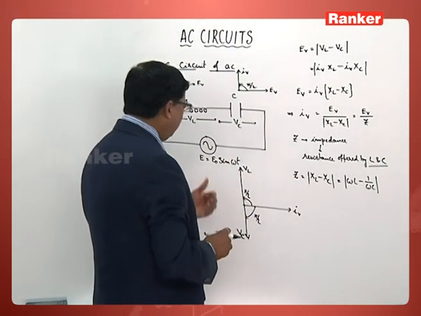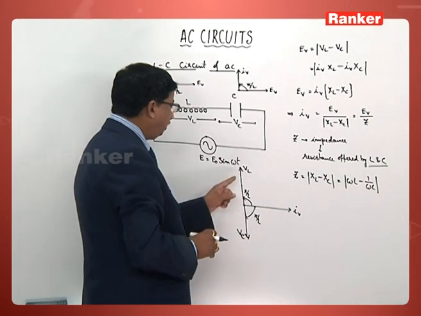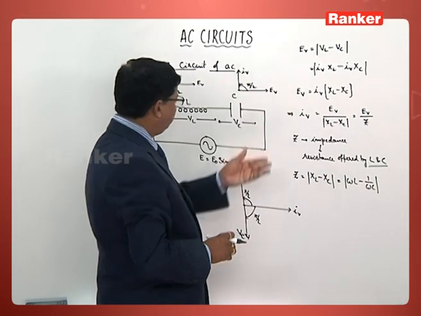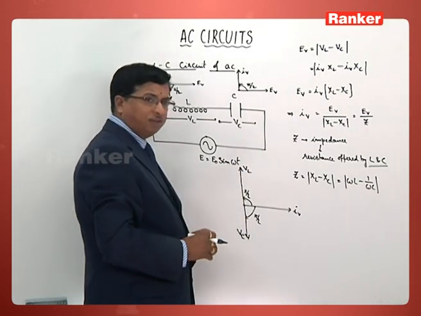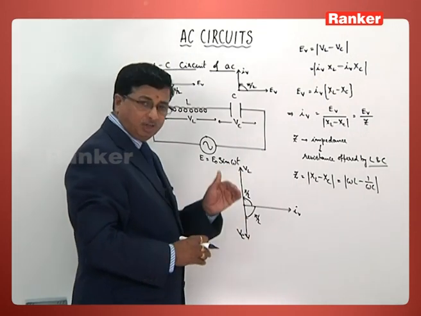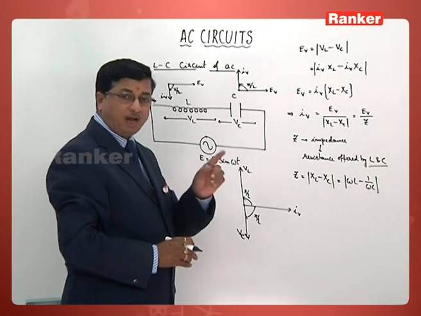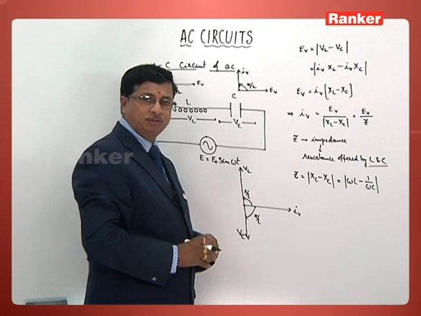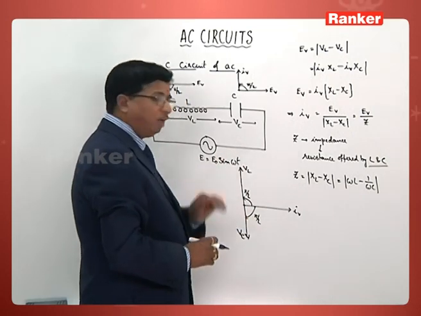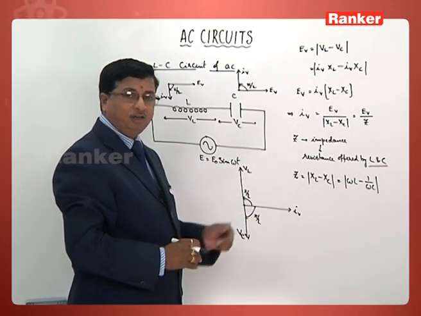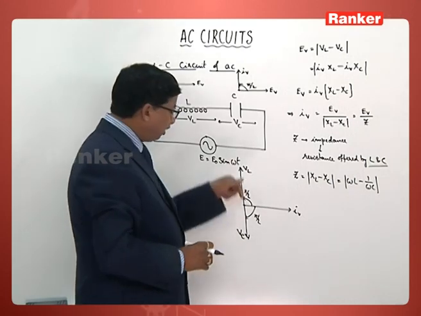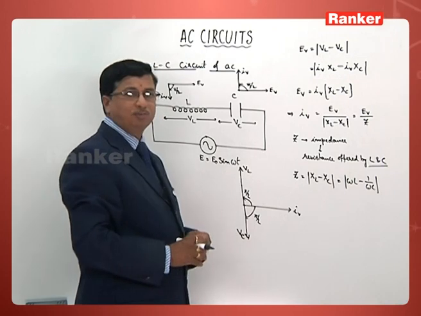What next we want is, what is the resultant of these two? If VL is greater than Vc, the resultant will be VL minus Vc acting along the direction of VL. If suppose Vc is greater than VL, then the resultant would be Vc minus VL, but acting along the direction of Vc.